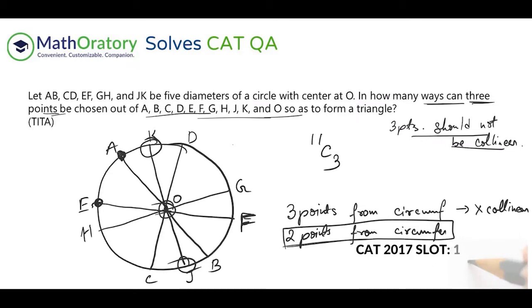So O definitely has to be chosen, and the other 2 points will be the end points of any diameter. So let's say KJ or DC or AB, something like that. And how many diameters do we have in total? 5, right? So simply subtract 5 from this. That's it. Because we don't have to count JK and KJ twice. It's the same thing.